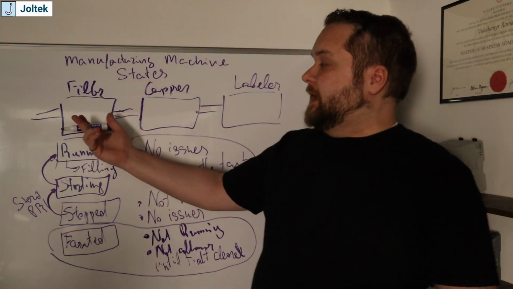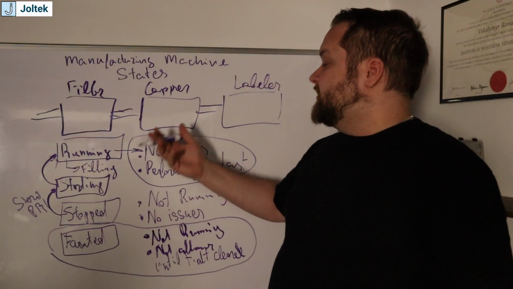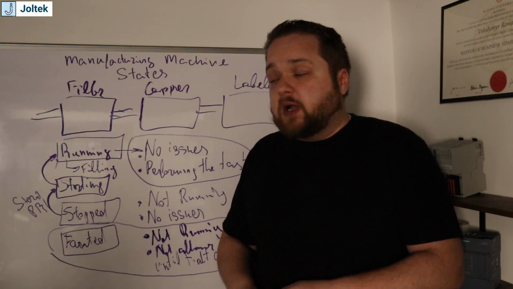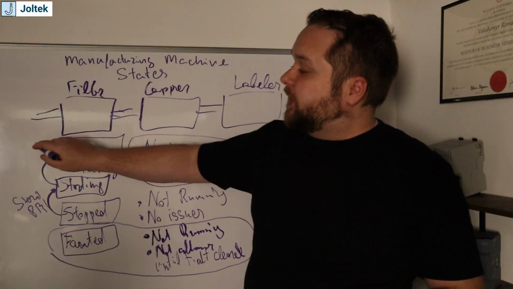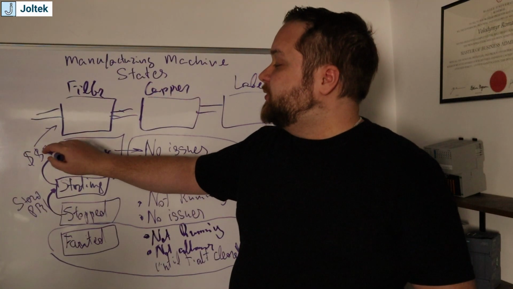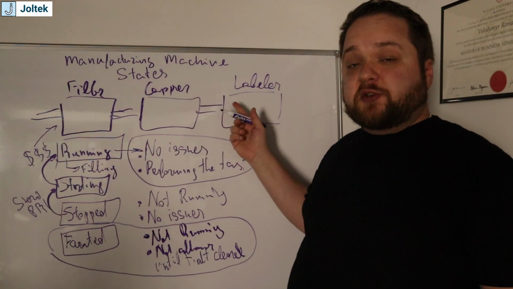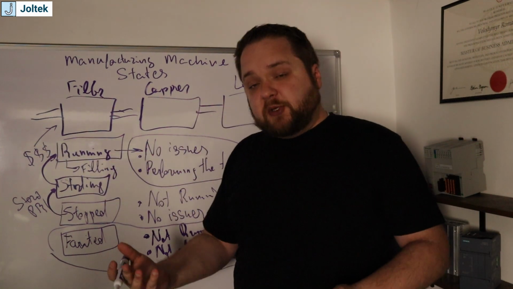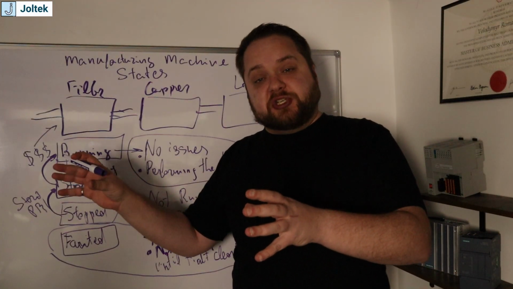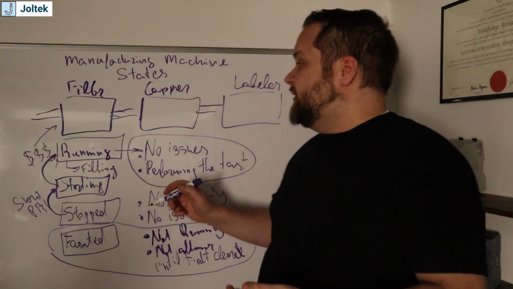So if my filler is not running, that means that my capper and my labeler are probably also not going to run. Therefore, I should invest a lot more capital into making sure that the filler is running as expected before I address anything else. Similarly, once you start having multiple machines within a linear sequence, right?